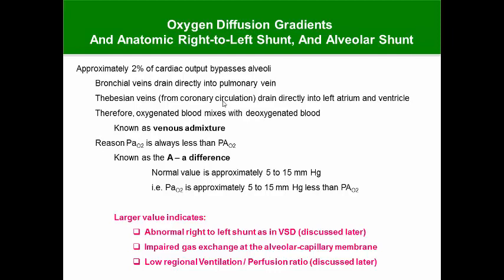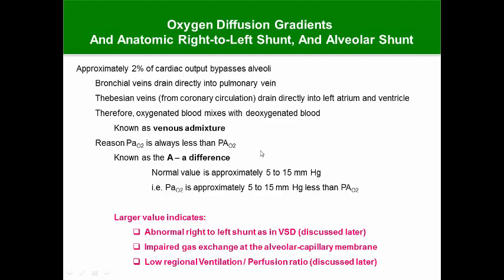So accordingly, there is a very little difference between the partial pressure of oxygen in the alveolar air, which we call capital A, and in the arterial blood, which we call small a. This difference is normally approximately 5 to 15 millimeters of mercury.